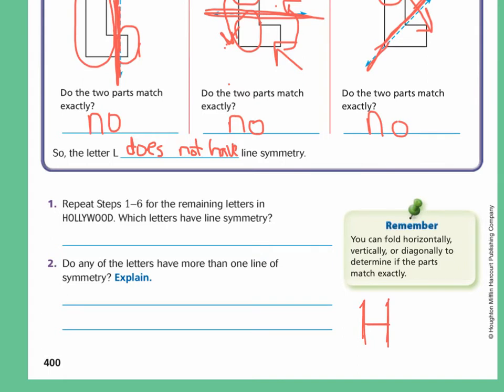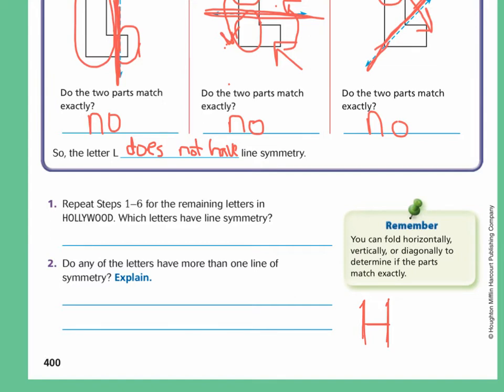Likewise here with my letter H, if I were to do a vertical line right down the middle here, and fold them on top of each other, the letter H would have a vertical line of symmetry. So H actually has 2 lines of symmetry. If I were to go diagonal, it wouldn't.